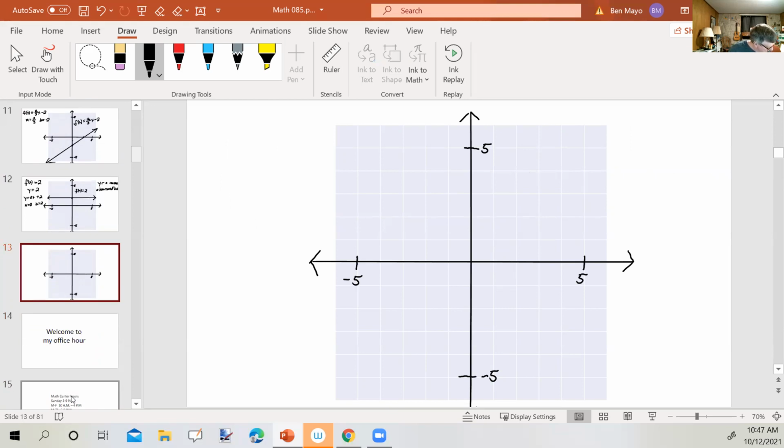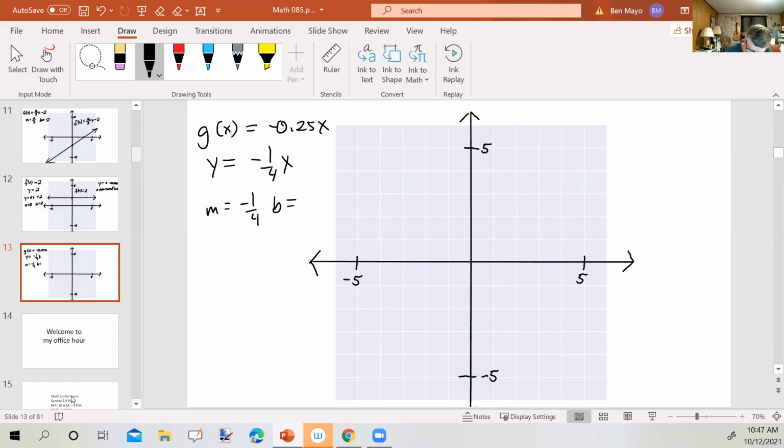All righty, one more. Let's see, we've got g of x equals negative 0.25x. Well, g of x is another name for y. Negative 0.25 would be negative 1/4. Okay, so the slope is negative 1/4. The y-intercept, it's like there's a plus 0 out here, so it would be 0. So this graph goes through the origin.